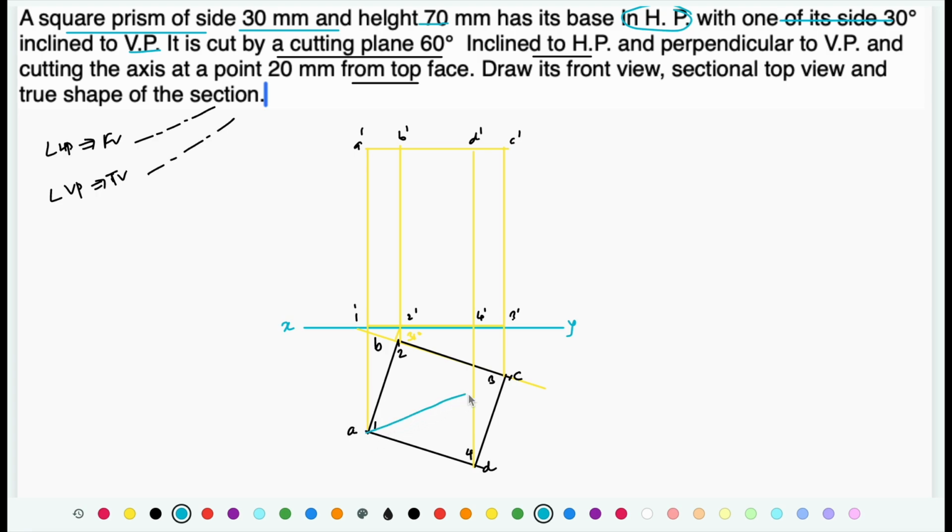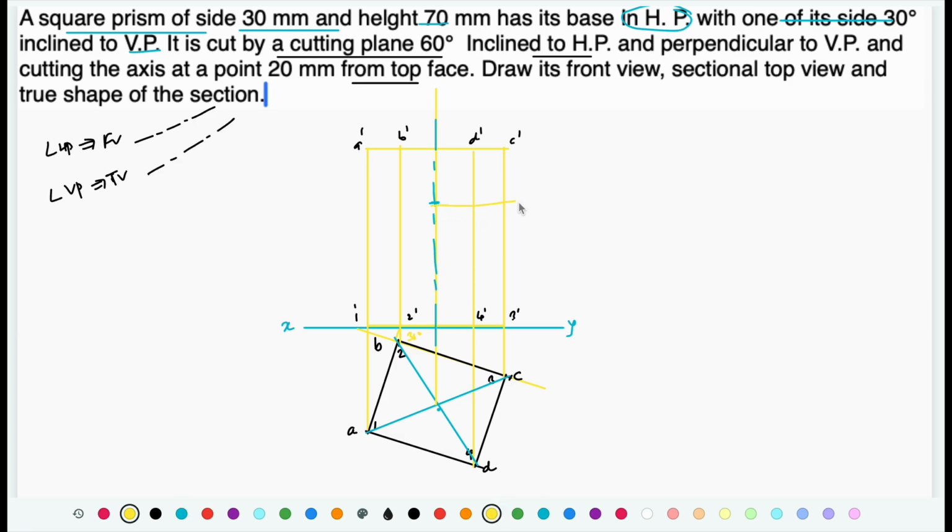So let's locate the axis first. So this is going to be the axis. So axis, represent it with a center line at a distance of 20 mm from the top. So let's say this is the point, 20 mm from the top.